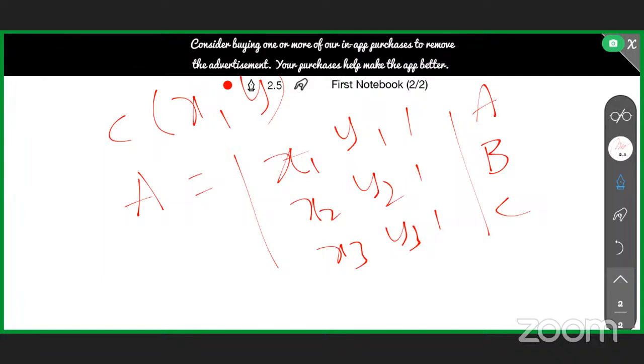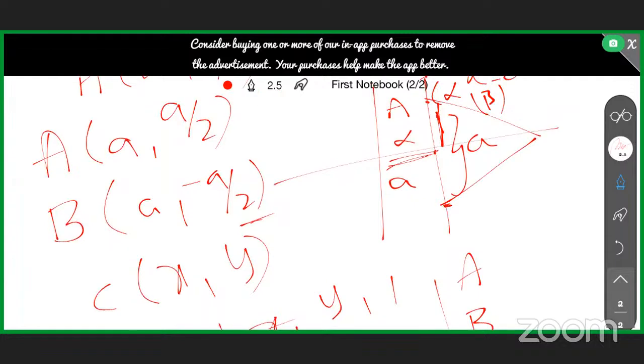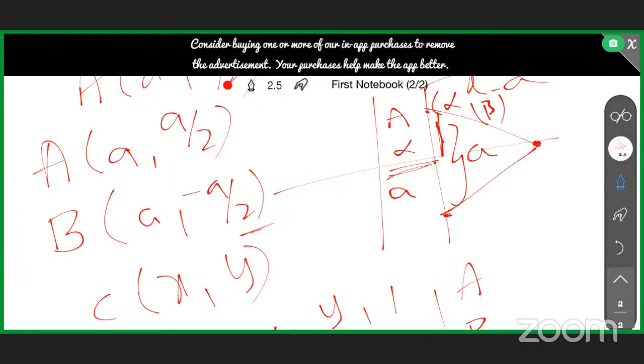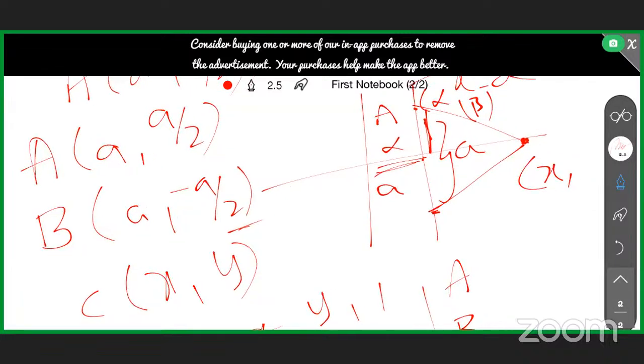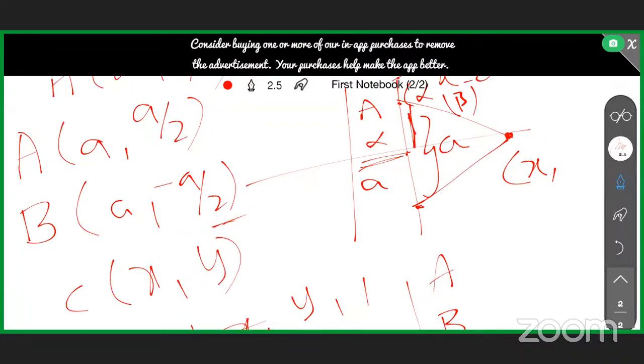B is equal to... And point B, listen carefully, point B is on which axis? B is on the x-axis. Therefore, a point on the x-axis will become how much? x comma 0.